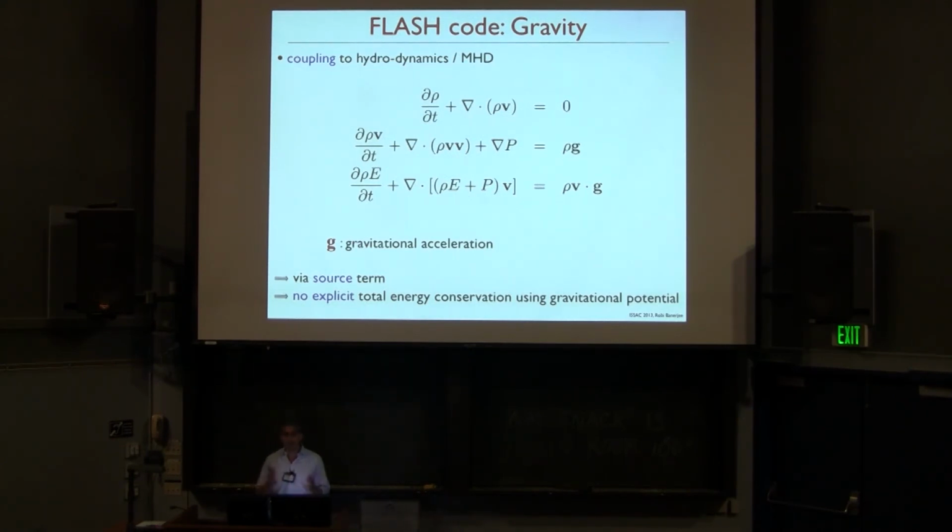It's not included in the total energy conserving scheme, and in principle the total energy should be conserved if you include the gravitational potential, which it is to a certain accuracy, but it's not directly implemented in the finite volume scheme, for instance for solving the Riemann problem. In principle, it could be done, but this is the way the FLASH code so far uses the gravitational acceleration, or gravity.